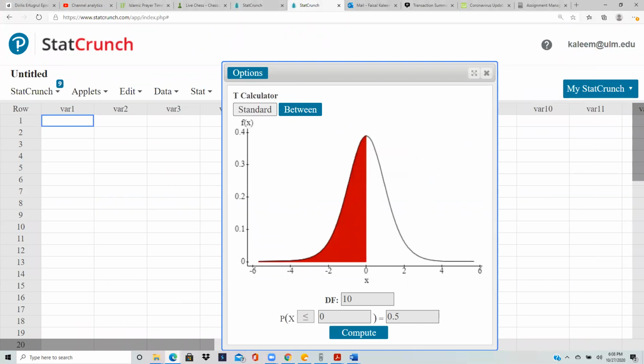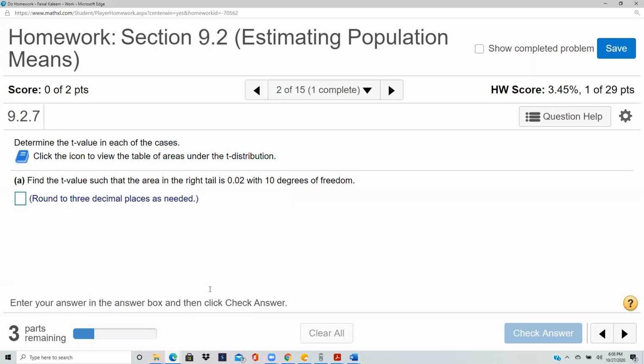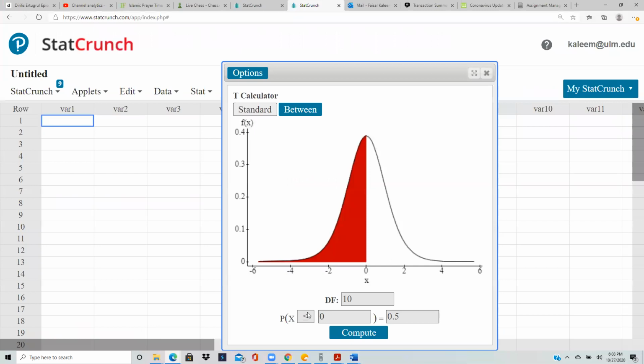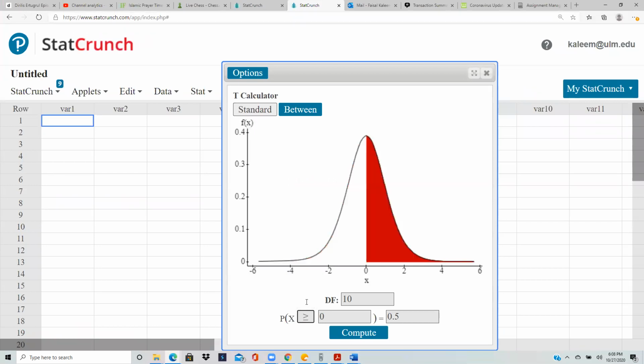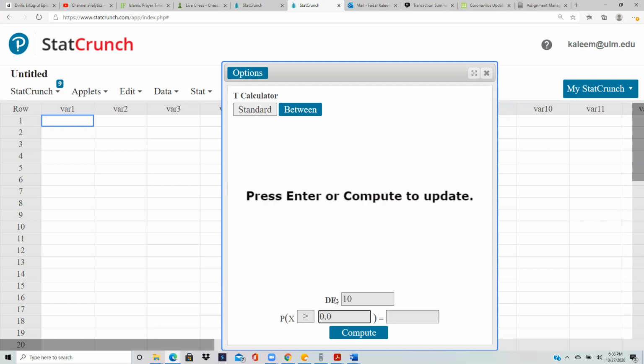And now let's enter the data. They were saying that area in the right tail is 0.02 and 10 degrees of freedom. So area in the right, so change this one to the right, 0.02, and it's already on 10 degrees of freedom.